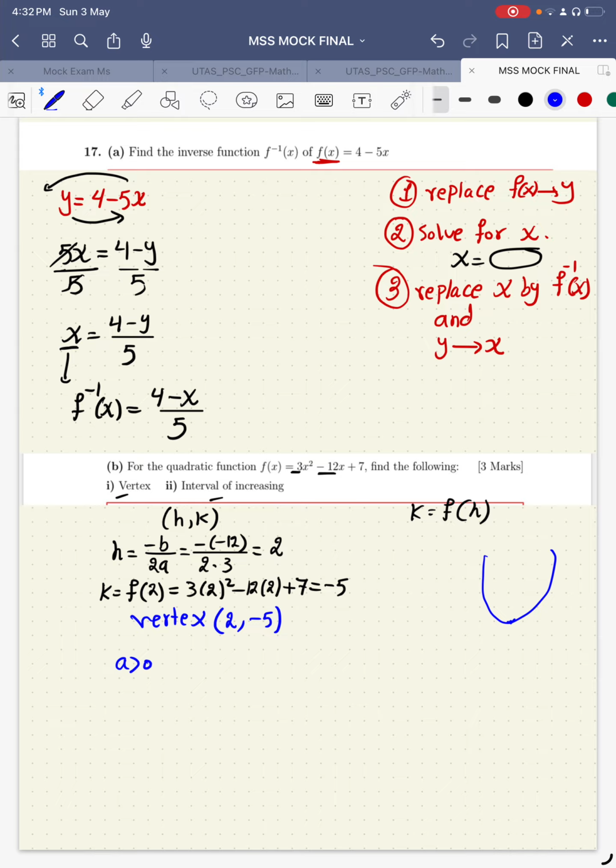If a is greater than 0, then the interval of increasing is going to be h to infinity. In that case, h is 2, and infinity is just infinity. And that's going to be my answer.